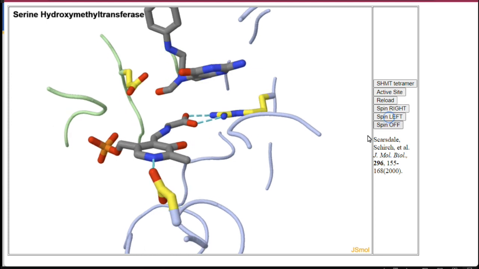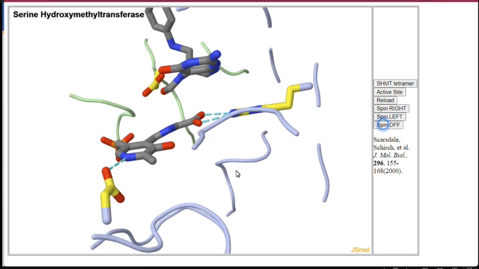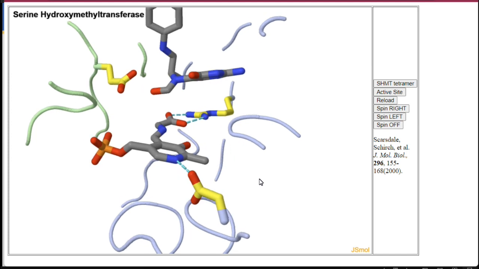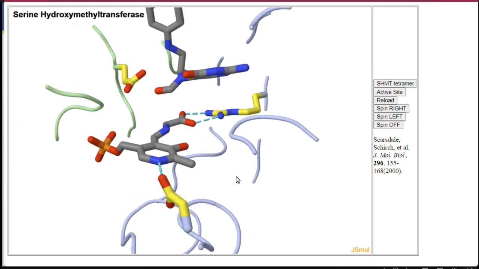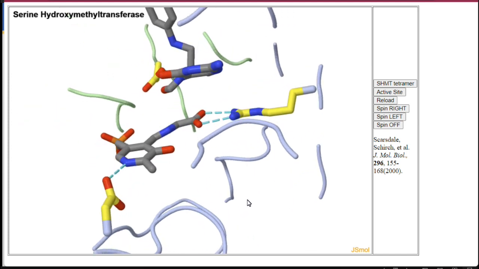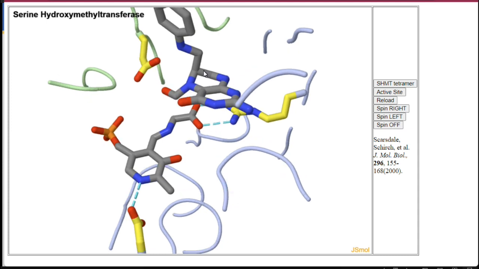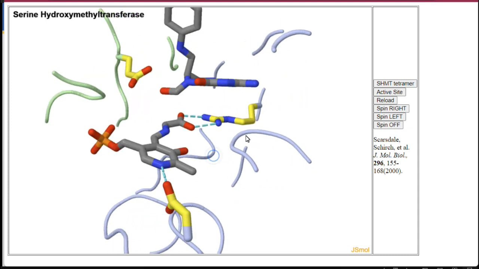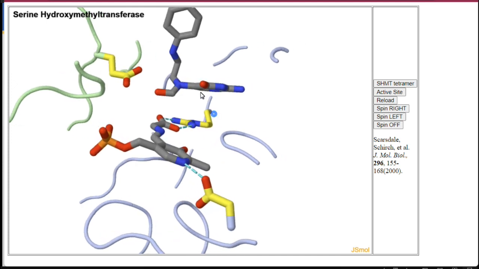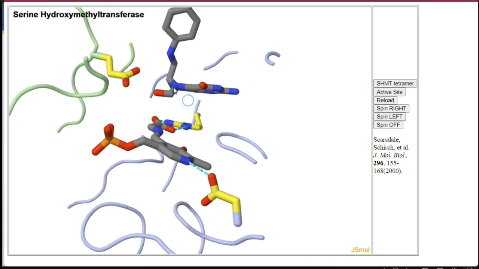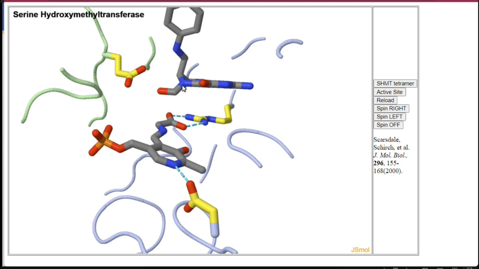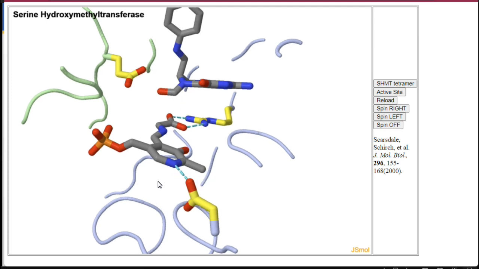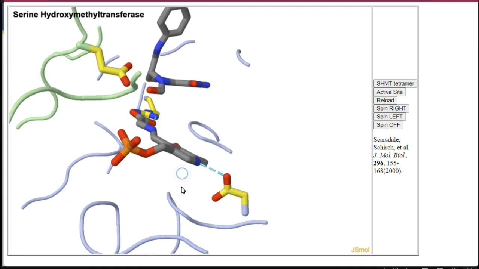Here's a moving model of this same thing, just so you get a little better perspective on where those atoms are. One thing you can see here is the effect of the tetrahydrofolate makes the pucker in that ring structure and puts the substituent axial, and then that in turn forces the nitrogen substituent down towards the cofactor.